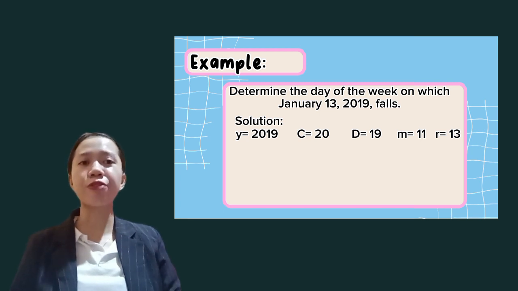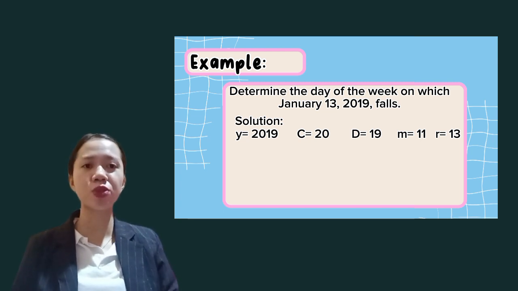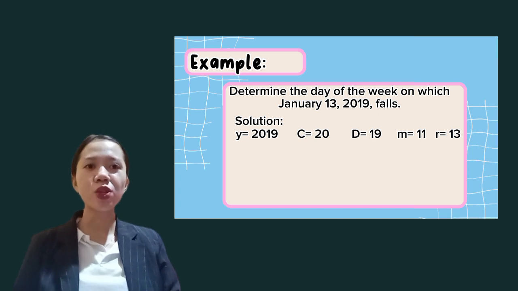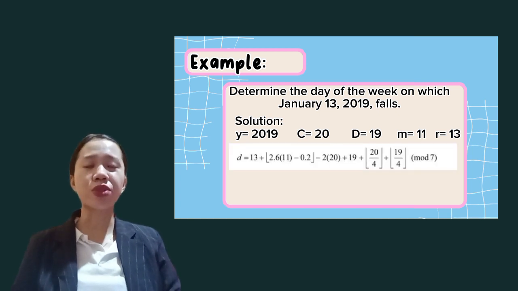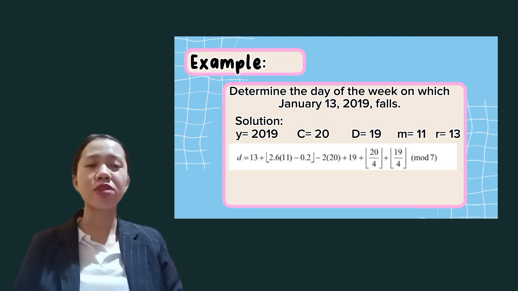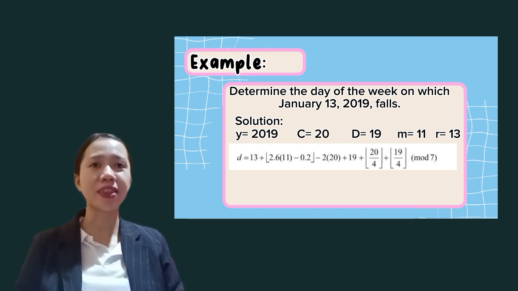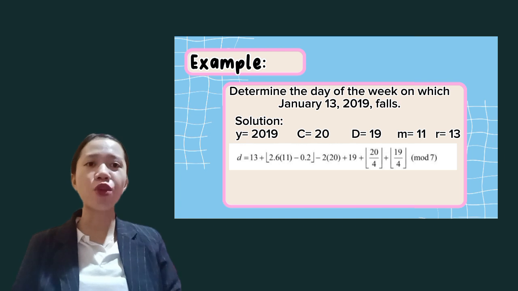So using our formula, we just simply substitute all the given. So we have D is equal to 13 plus 2.6 times 11 minus 0.2 enclosed in the bracket minus 2 times 20 plus 19 plus 20 over 4 plus 19 over 4, modulo 7.